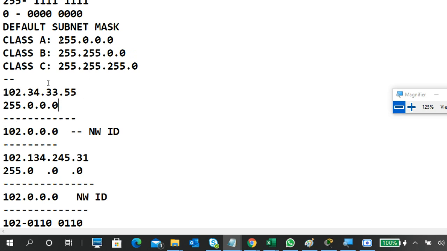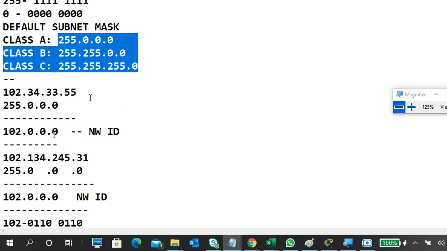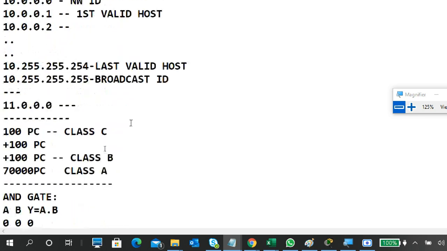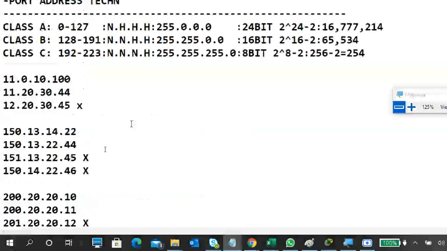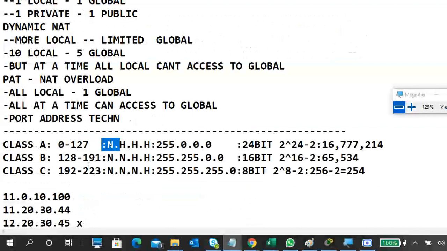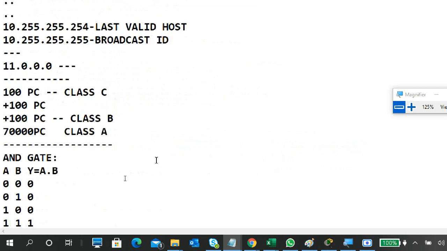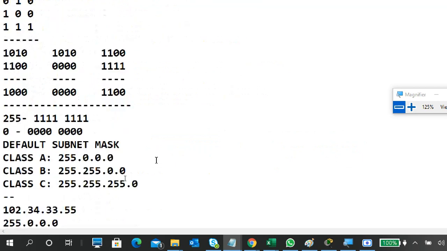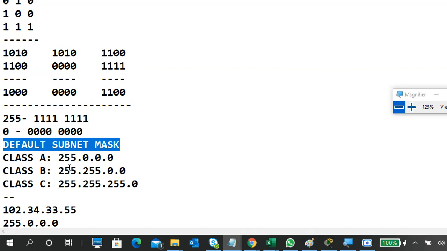We have a network ID and a subnet mask, and we already know which one is the network portion and which is the host portion. And why we need this subnet mask. We can fix it, right? But we don't do that because we call this the default subnet mask.